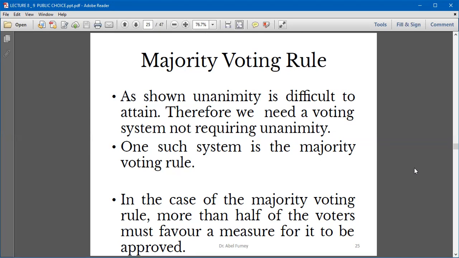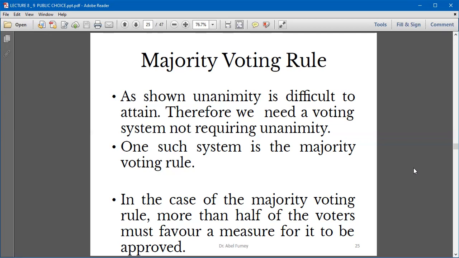The majority voting. If elections are being done on the basis of the majority voting rule, then we just need more than half of the voters to vote in favor of that particular policy for it to be enacted or approved.